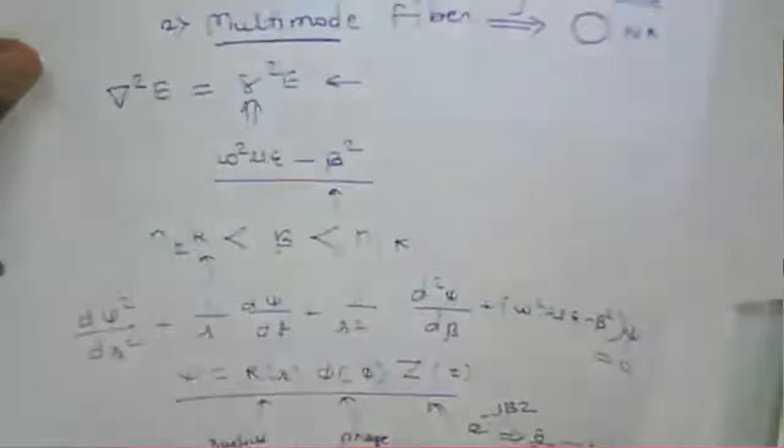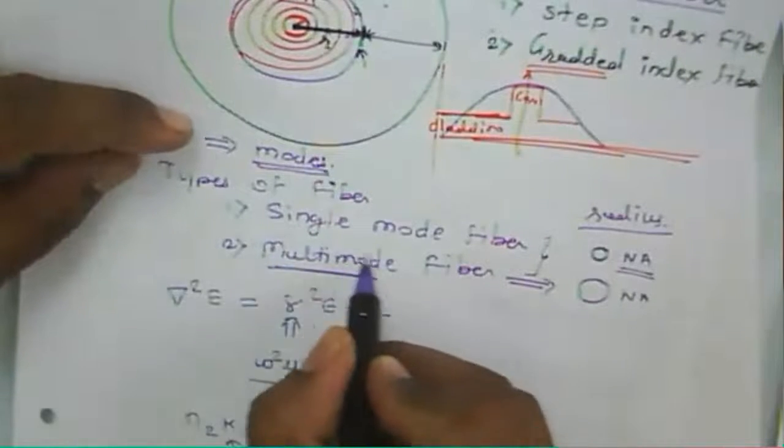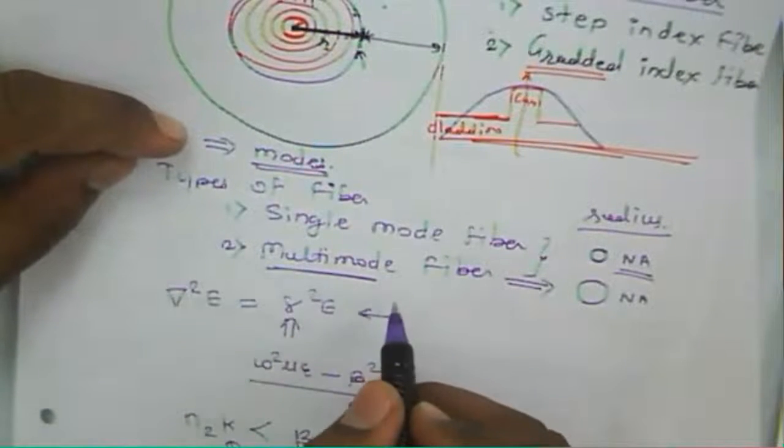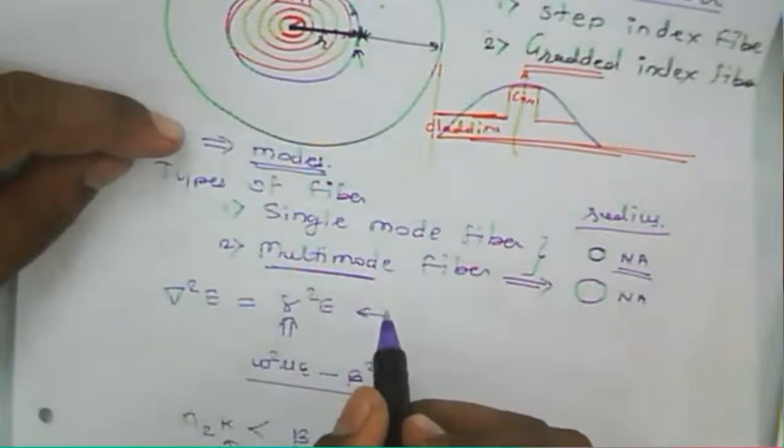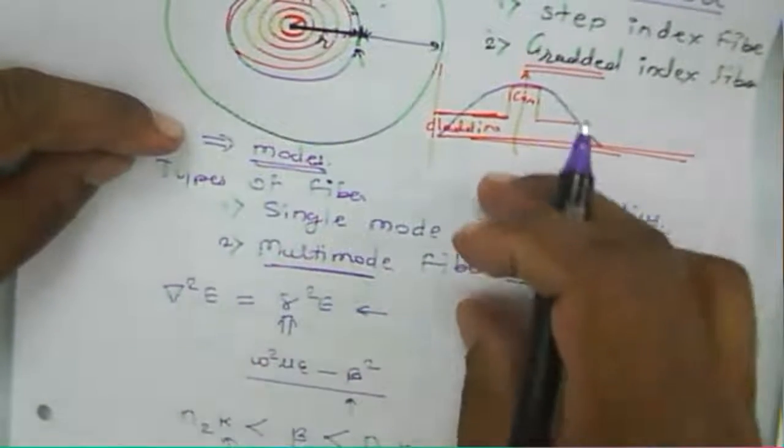So as I told you earlier, we have a single mode fiber and a multi mode fiber. So various modes of fiber, we can connect them, or we can make a joint of a fiber. But for that purpose, we should know how your mode is to be coupled.